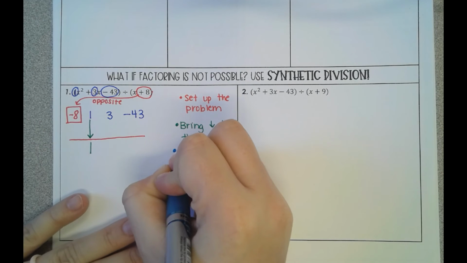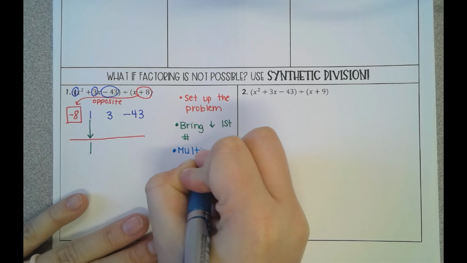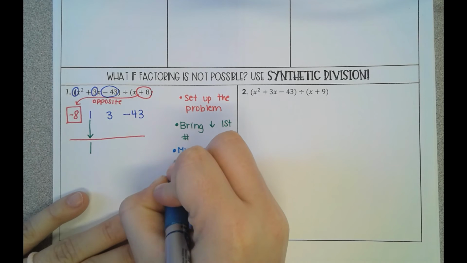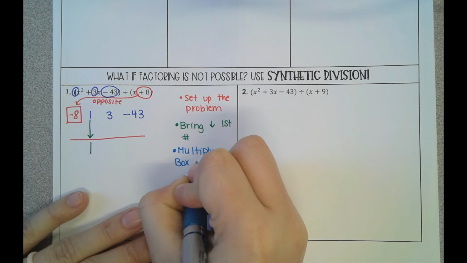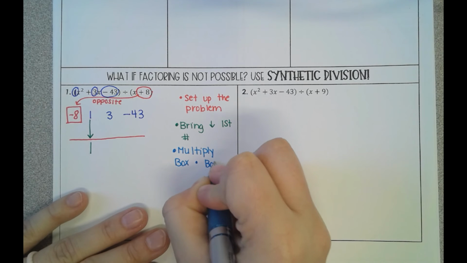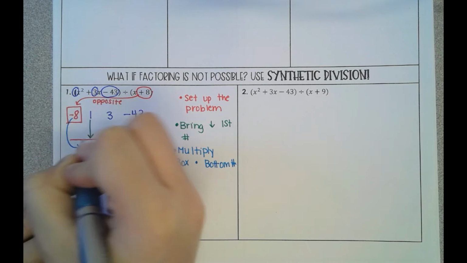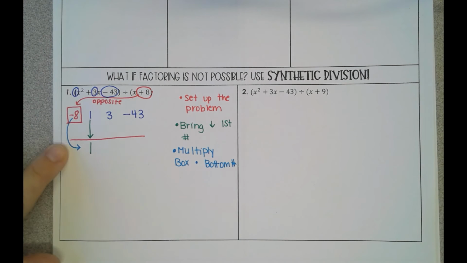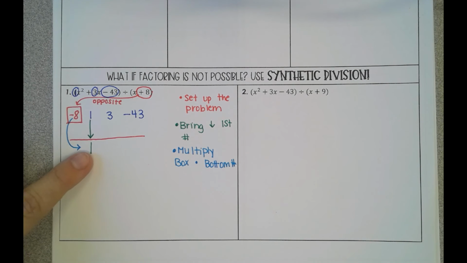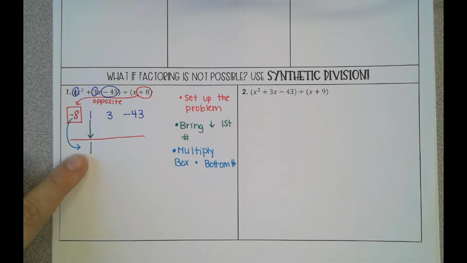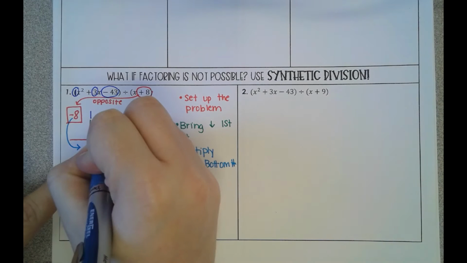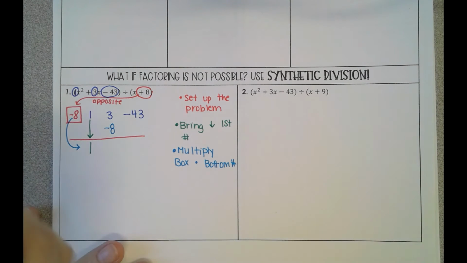So we're going to multiply what's in the box times the bottom number. Negative 8 times 1. What is negative 8 times 1? Negative 8. And so we put that in the next spot.